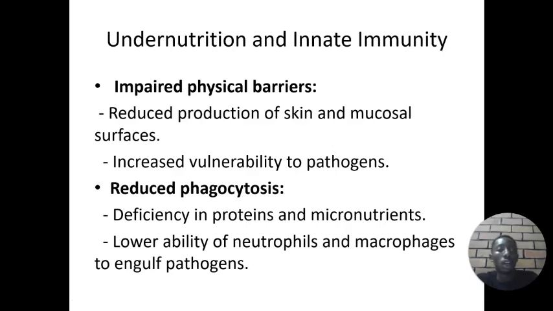Undernutrition affects innate immunity by impairing physical barriers. The physical barriers are the skin, mucus, and serum. It impairs those physical barriers which protect the body from being attacked by foreigners. It reduces production of the skin and mucous surface barrier.